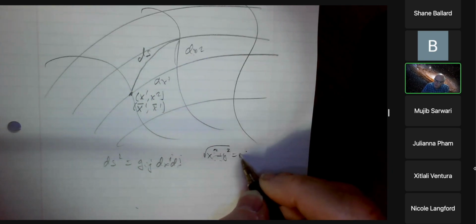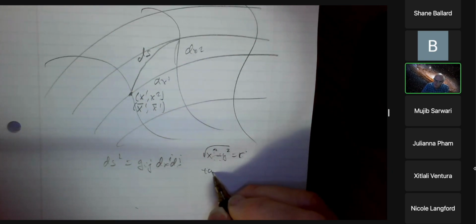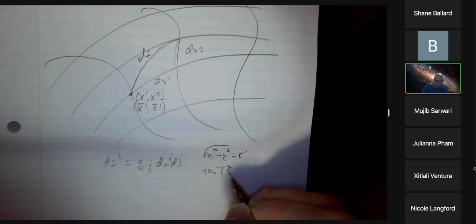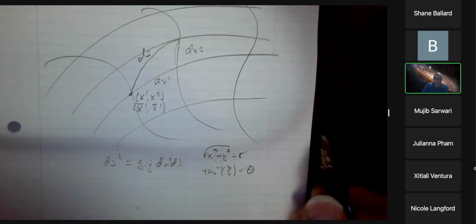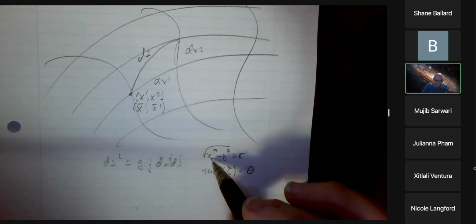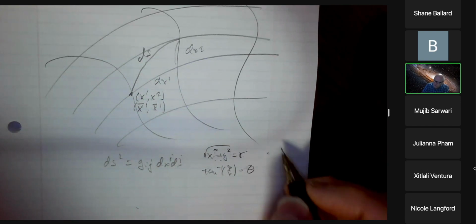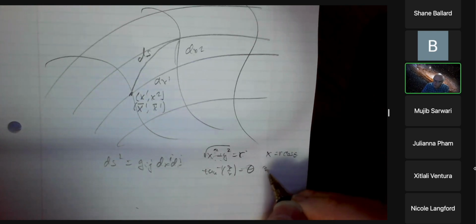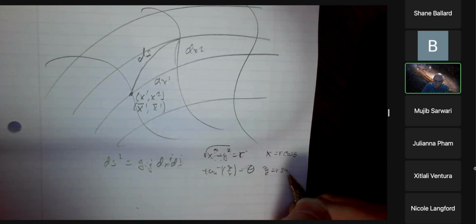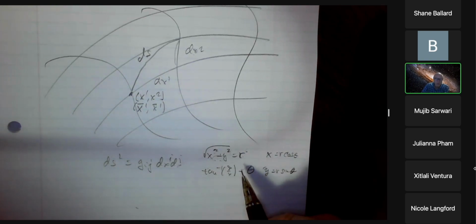And if you take the inverse tangent of y over x, that gives you the angle. So you can go from rectangular to polar, or I can go the other way around, from polar to rectangular. Those are the ones you're probably most familiar with, and these are called equations of transformation.